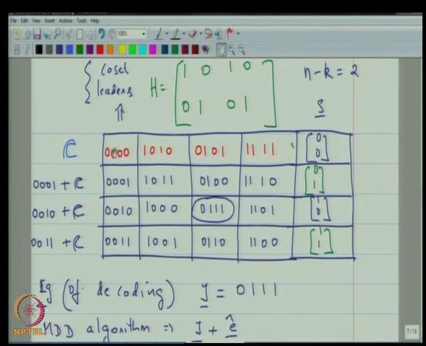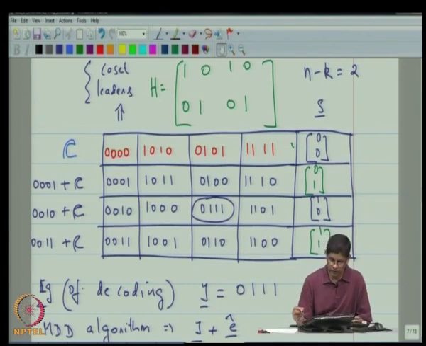You need only the coset leader column and the syndrome column. Everything else you can do away with, because you can compute the syndrome and then jump by table lookup directly from the syndrome to the corresponding coset leader, add it to the received vector, and you get your decoded code word. So, these middle 3 columns in this particular case were not really required.